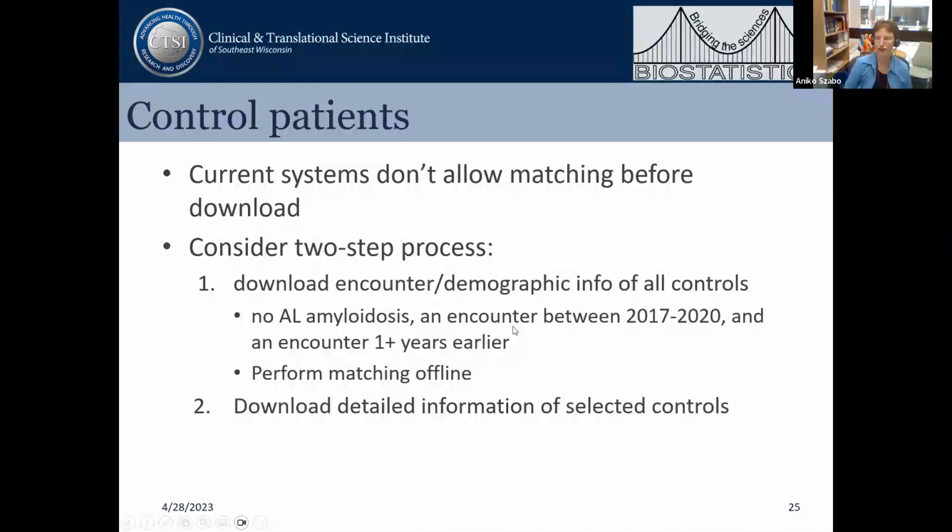Maybe ensure that they have an encounter in the time period we are interested in, and at least 2 encounters 1 year apart, because that will be an inclusion criterion. Narrow it down as much as you can, then download the data, perform the matching offline, get the actual IDs that are going to be needed for the controls, and then get the data for them, because this is going to be a lot of data if you have a lot of controls.